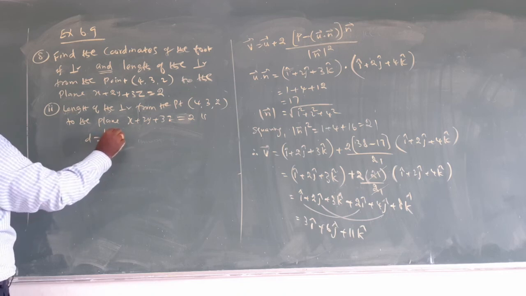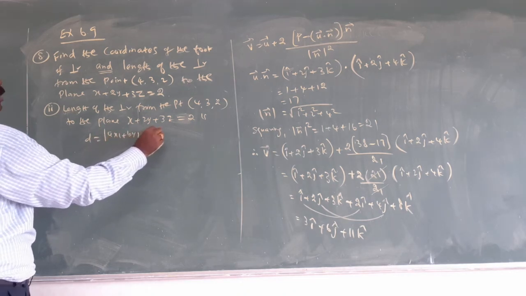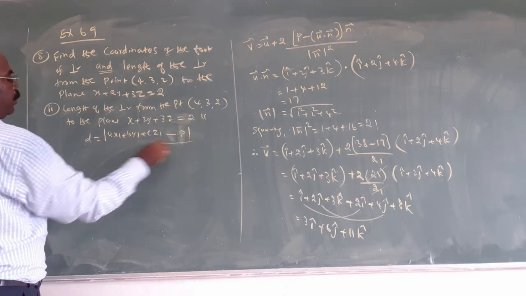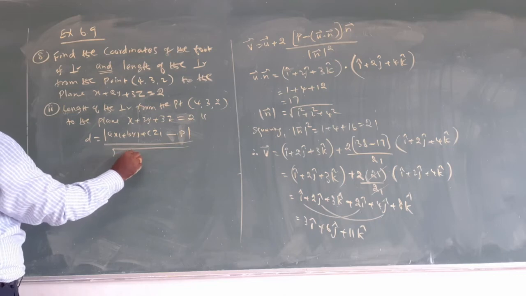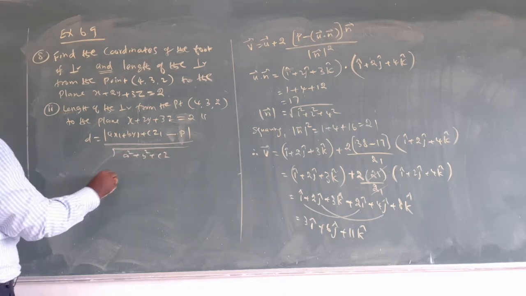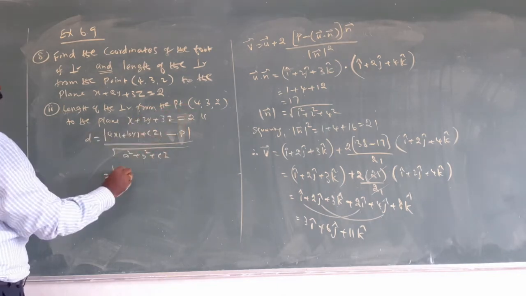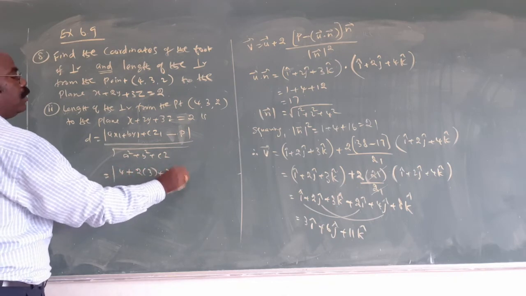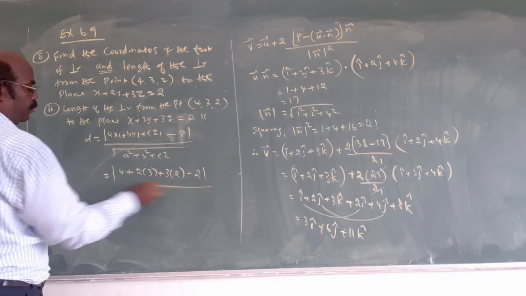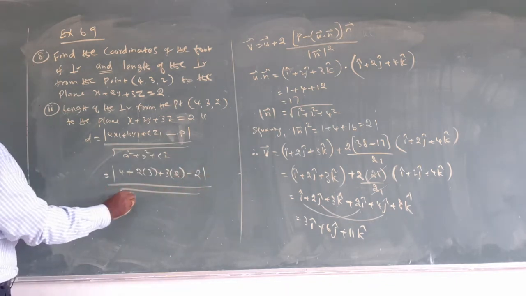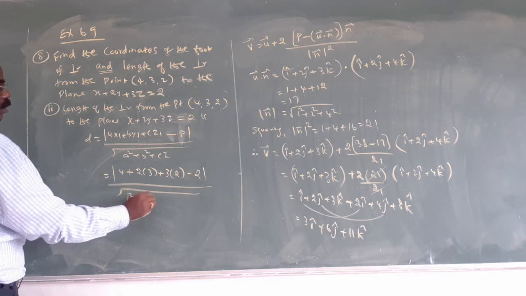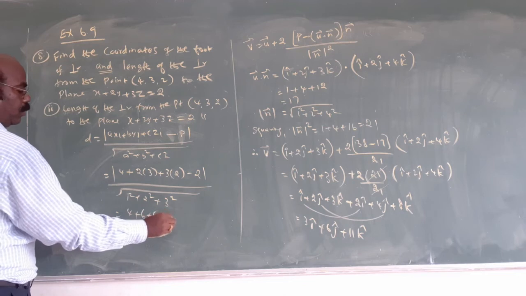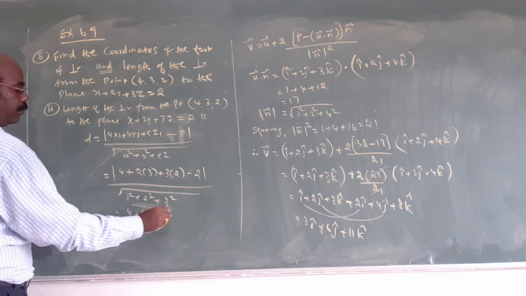It is |ax1 plus by1 plus cz1 plus d minus p| by root of a square plus b square plus c square. Now substitute here: x is 4, y is 2 into 3, z is 3 into 2, and this is minus 2. Am I right? Now the coefficients of x square, y square, z square: 4 plus 6 plus 6 minus 2. Am I right?